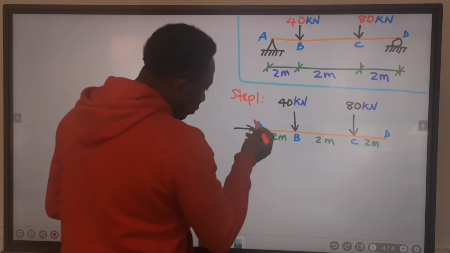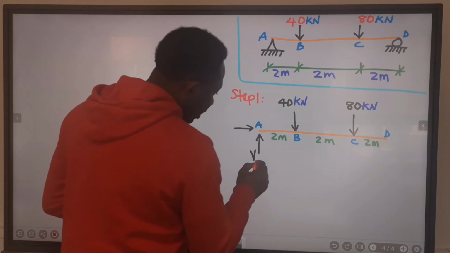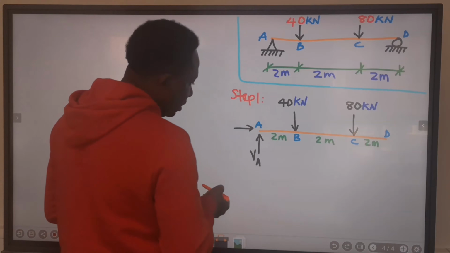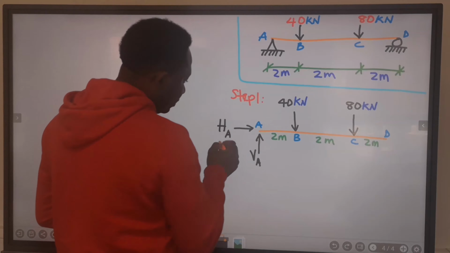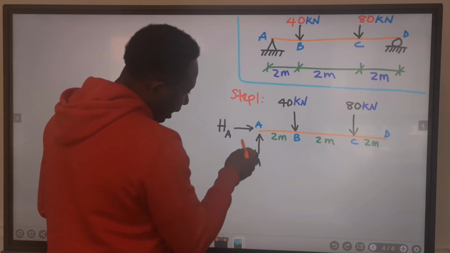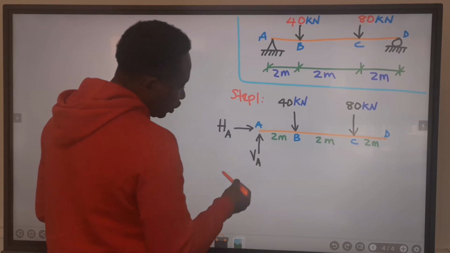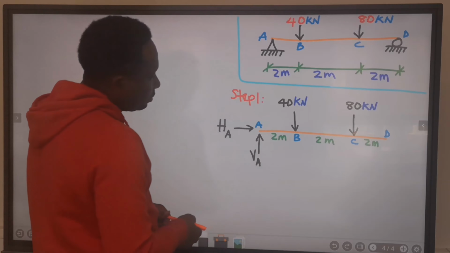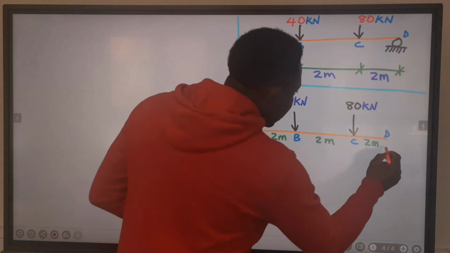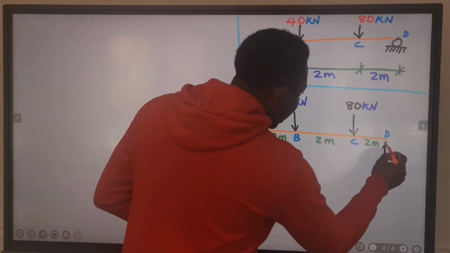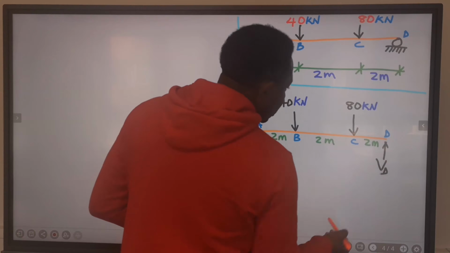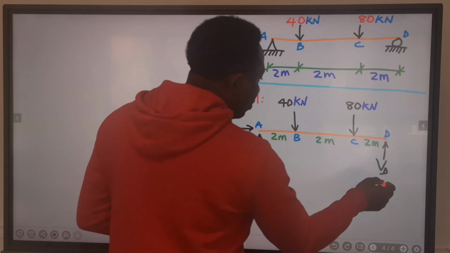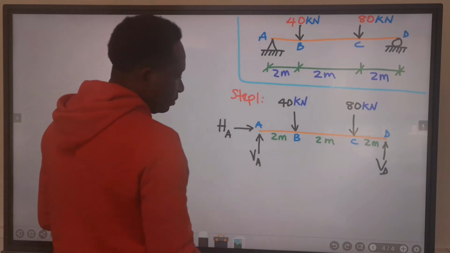The vertical arrow, I can call it V subscript A, and this I can call it H subscript A. At times you can use R subscript A. And for the roller, it's going to be only one arrow, and I can call this V subscript D, or I can use R subscript D.